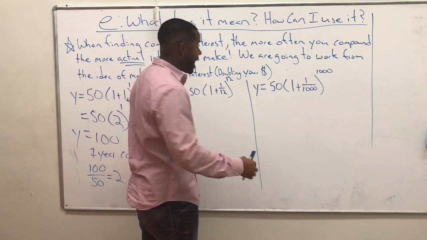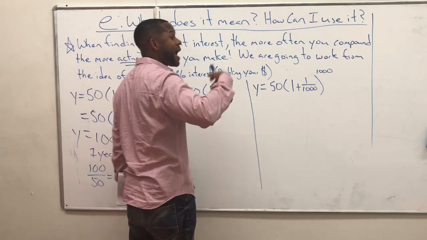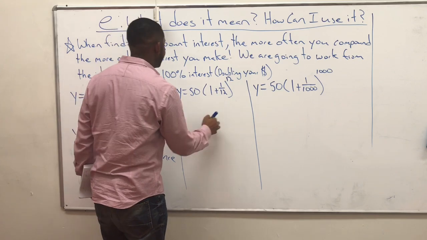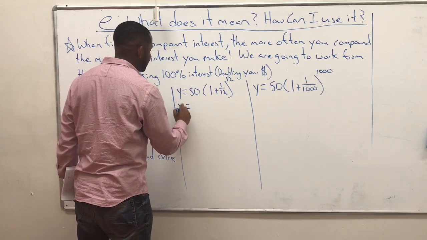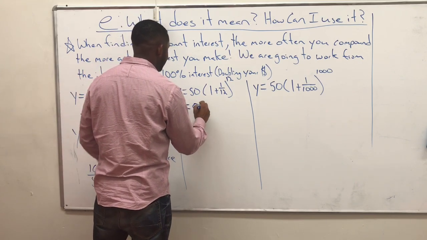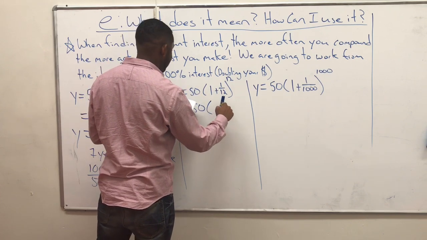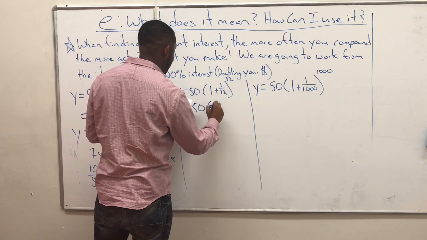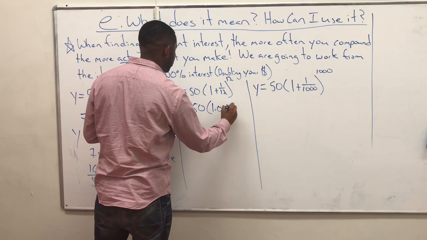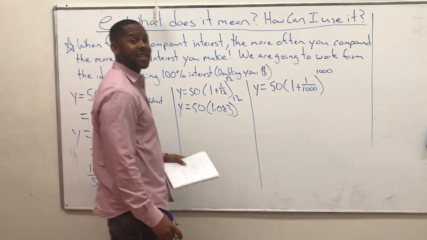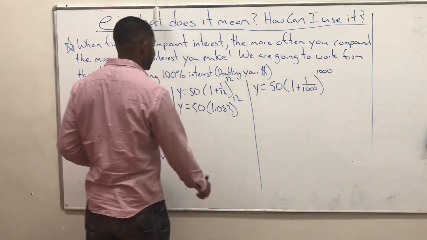And then I got to turn around and I have to compound it 12 times, right? So this is just the compound interest stuff that we did. So this becomes a 50. This becomes 1 over 12 is 0.083. So this becomes 1.083. 1 plus 1 over 12. And then to the 12th power, because I have to do it 12 times in that year.